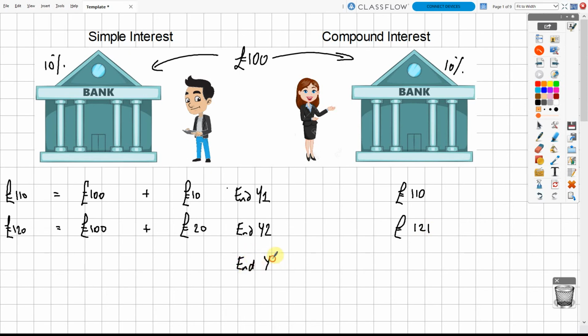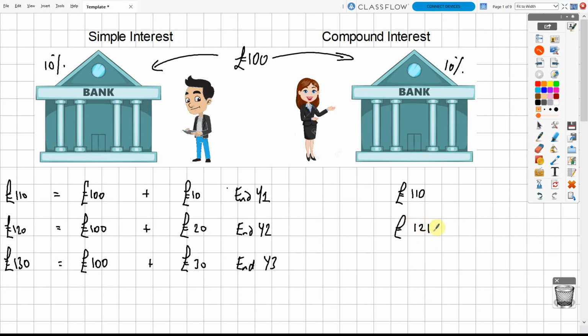The end of year three, well, he's got £100 in the bank. He gets 10%. He will get another £10. So he's now up to £30 in his pocket. That is, between the bank and his pocket, he has a total of £130. She, on the other hand, gets another 10% of this.